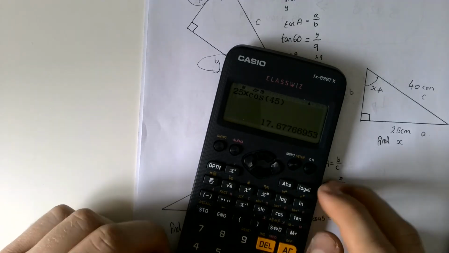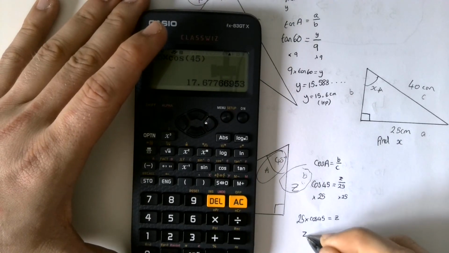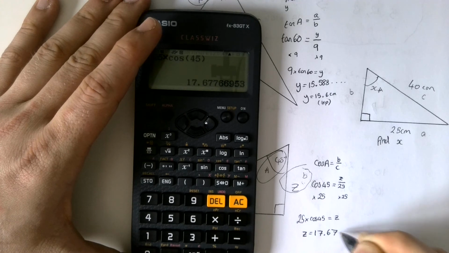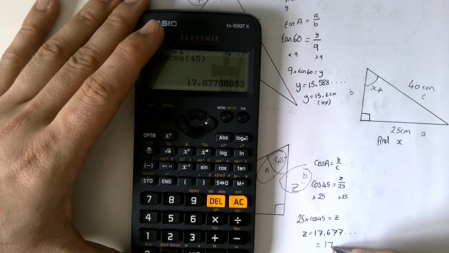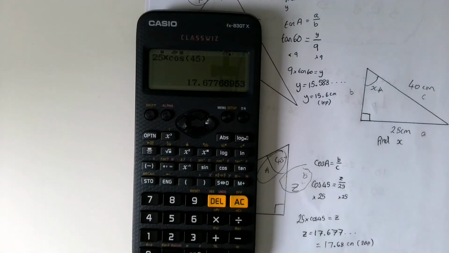Let's press S to D. 17.677. Z is equal to 17.677, etc. We can just call that 17.68 centimetres to 2 decimal places, or 17.7 to 1. It doesn't really matter unless the question specifies.